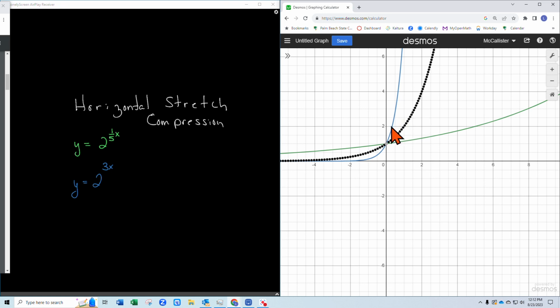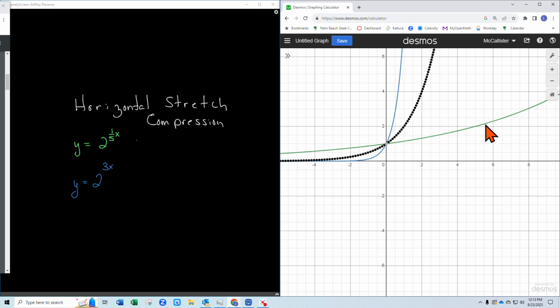What happens going to the blue graph, which I have 2 to the 3x, it's getting compressed by 1/3, because horizontal does the opposite of what you would think, and by the 1/5 is getting stretched. So let's take a look at this.